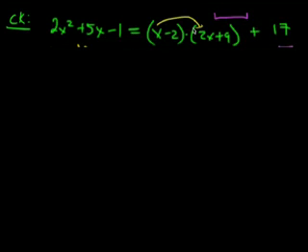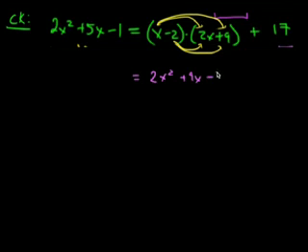I'm going to FOIL here. So I'll work in purple, I guess. X times 2x is 2x squared. X times 9 is plus 9x. Negative 2 times 2x is minus 4x. Negative 2 times 9 is minus 18. And then I've got plus 17 tagging along.